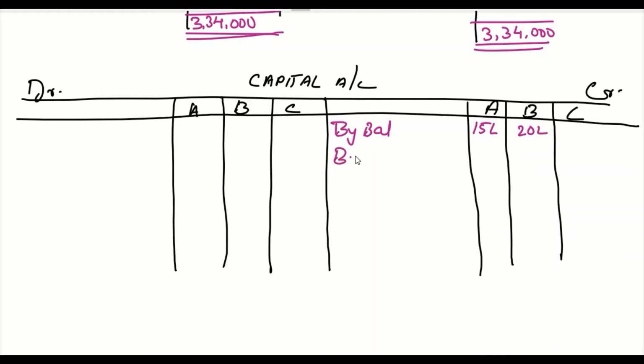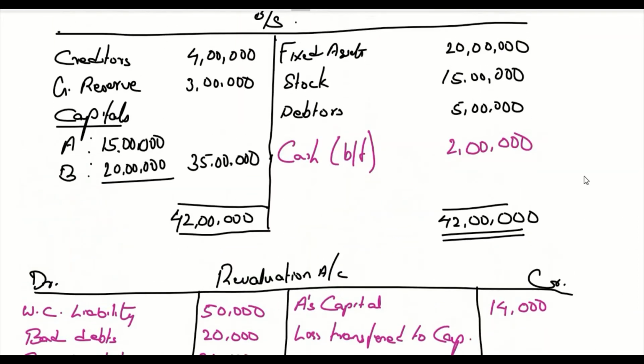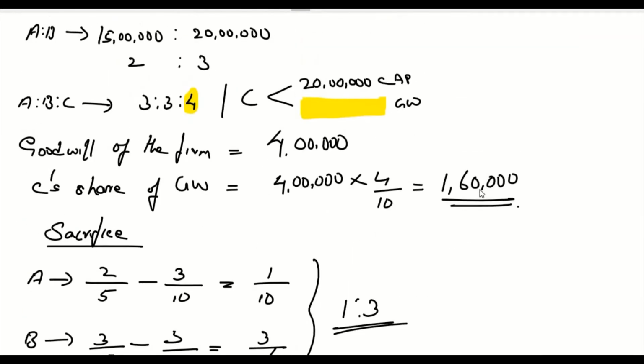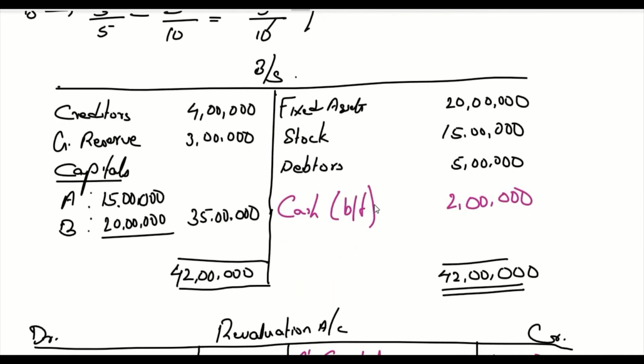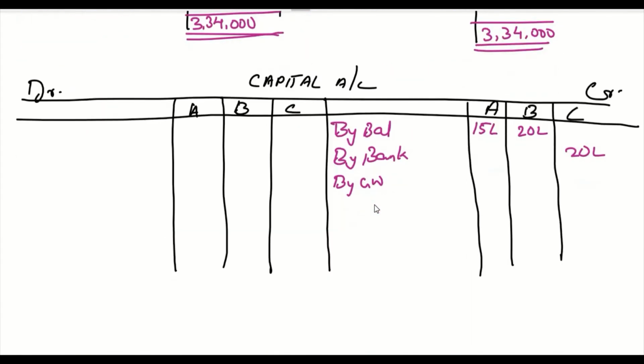Then C is bringing in capital in cash, so by bank 20 lakhs. The goodwill brought by C, 1,60,000, is distributed in 1:3, which is the sacrificing ratio. So 1:3 ratio, it is going to be 40,000 and 1,20,000.